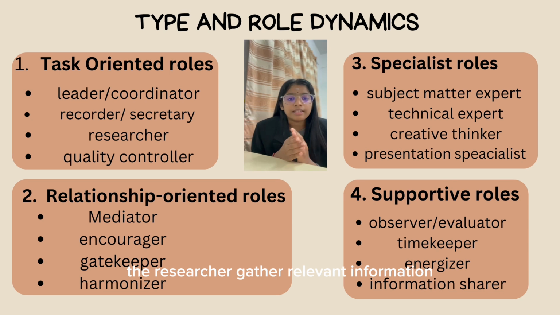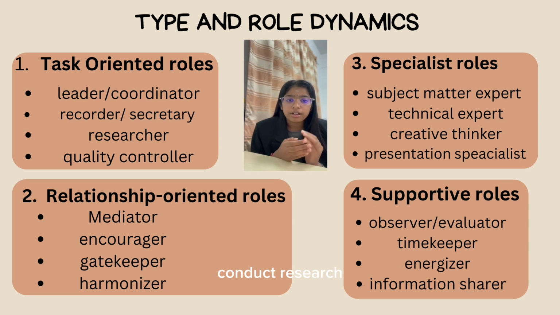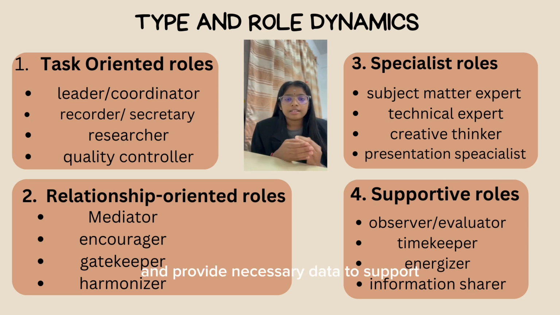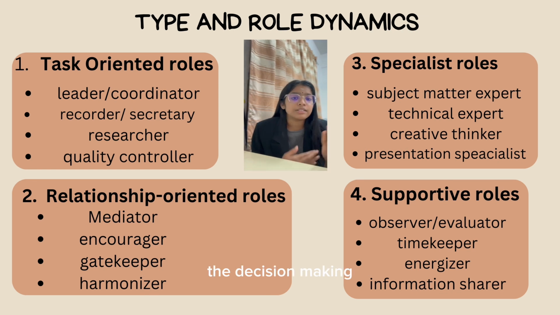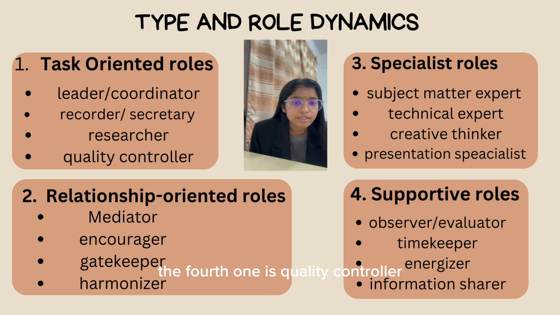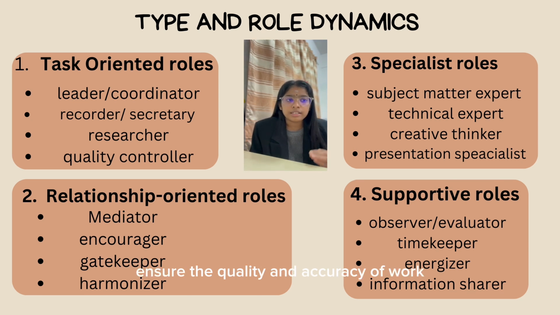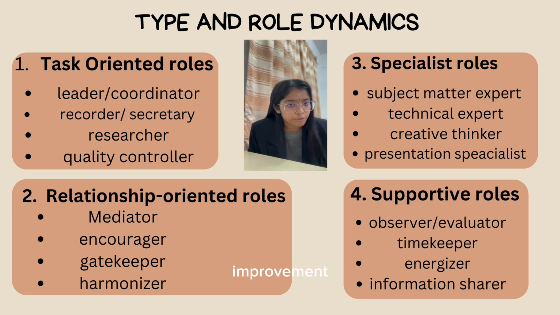The researcher gathers relevant information, conducts research, and provides necessary data to support decision making. The fourth one is the quality controller, who ensures the quality and accuracy of group work, performs quality checks and suggests improvements.